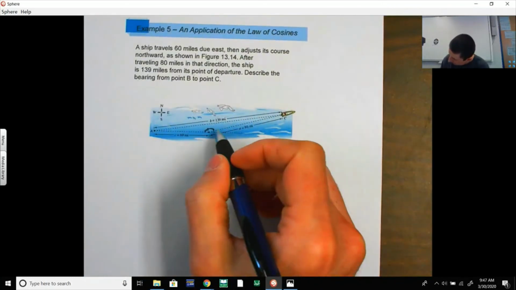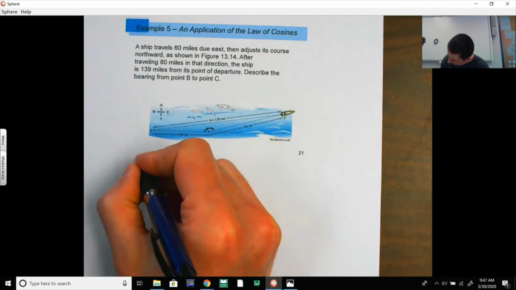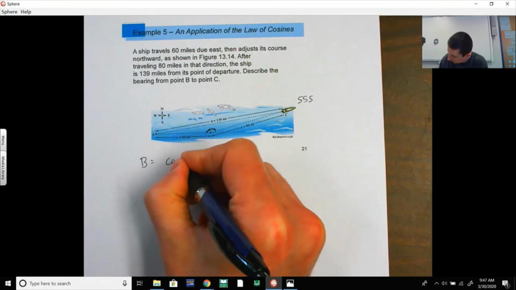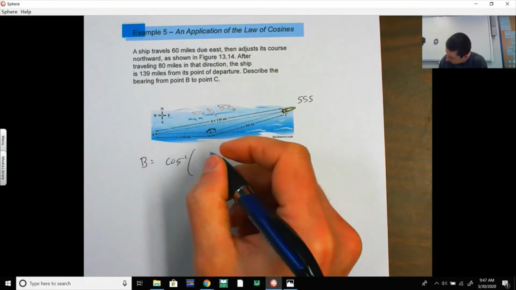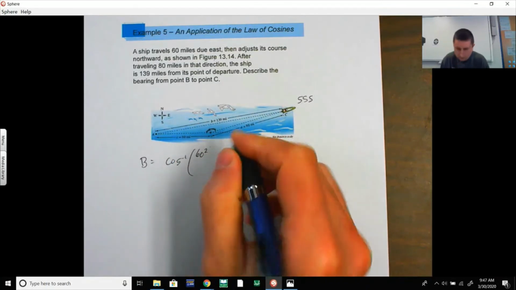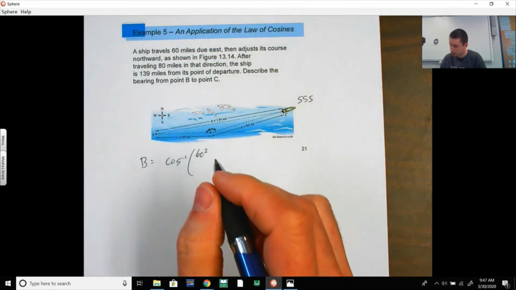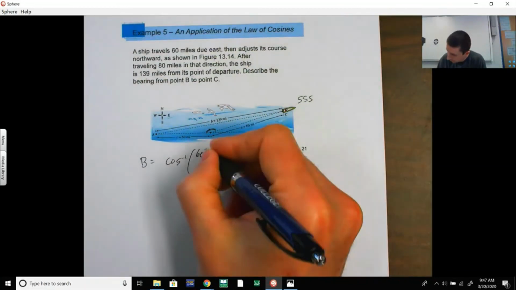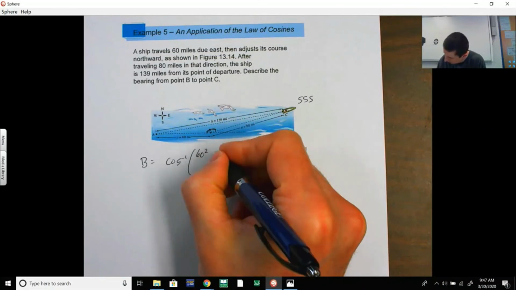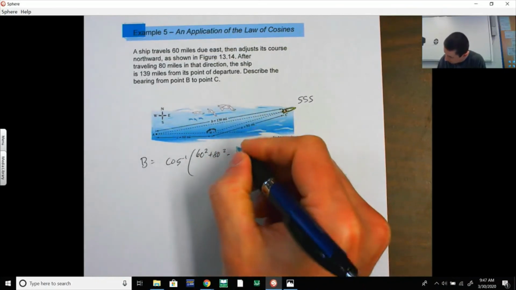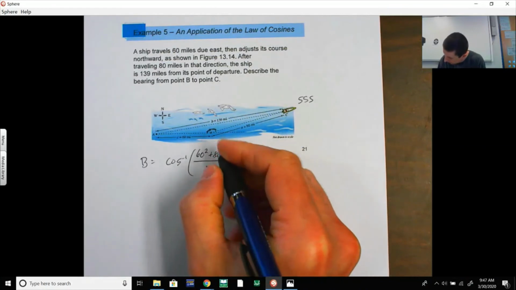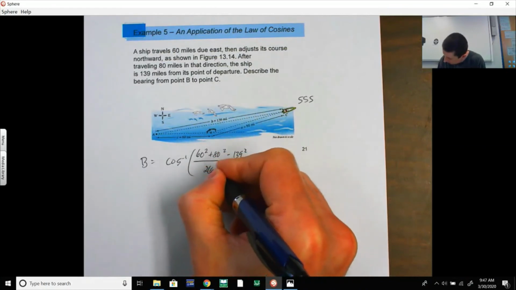Okay. So if I'm looking for B, I have side, side, side. I'm going to use the inverse cosine of 60 squared plus the 2 on either side, 80 squared, minus the one opposite, minus 139 squared, over 2 times 60 times 80.